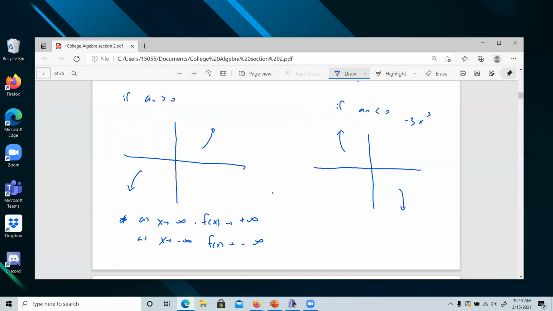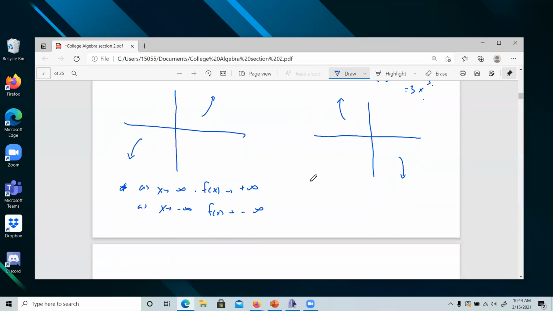If we put a negative number in here, we're going to have 1 plus 3, so 4 negative signs, so it's going to be positive. That's what's going on there. So as x goes to infinity, f of x goes to negative infinity. As x tends towards negative infinity, f of x tends towards positive infinity.